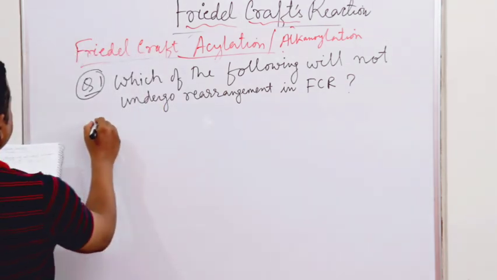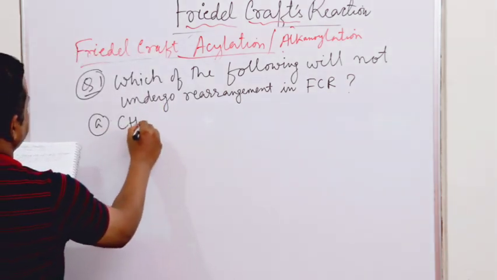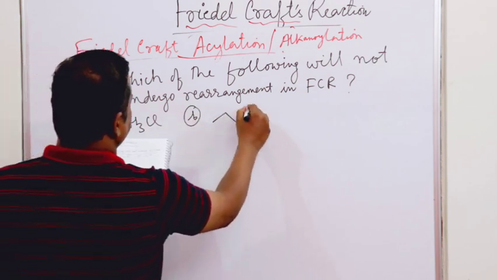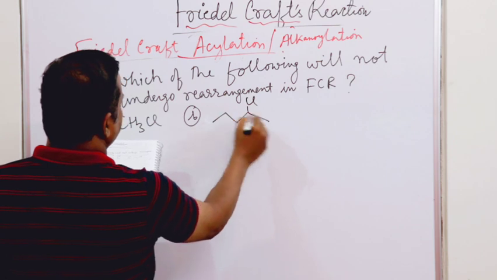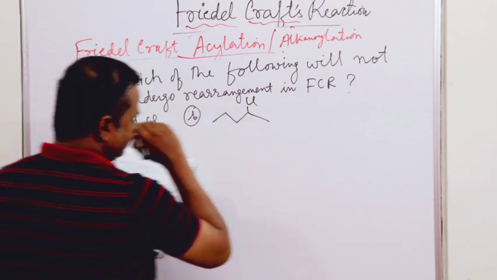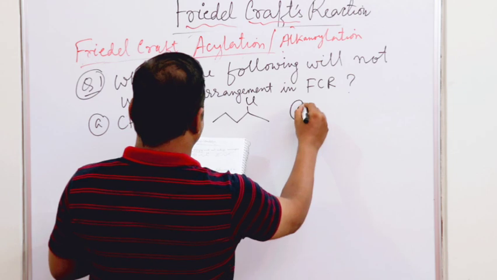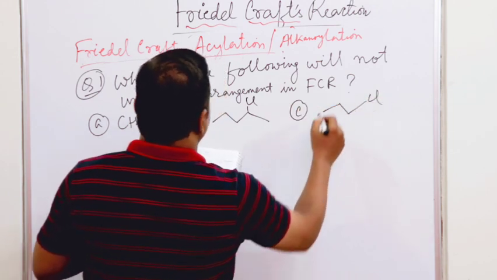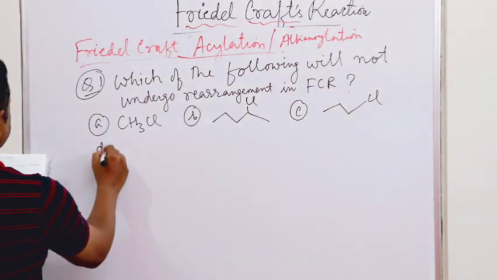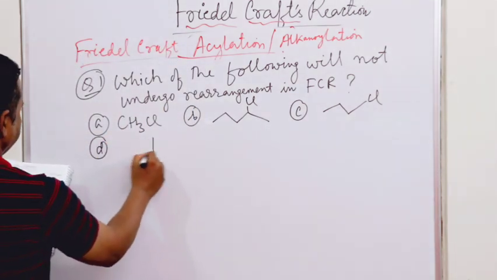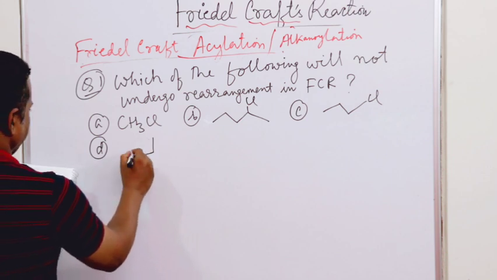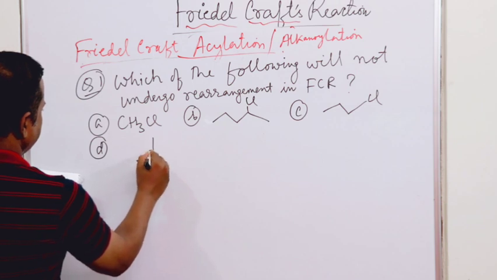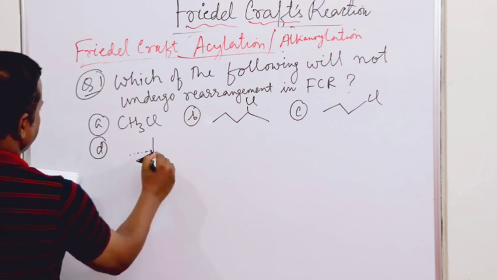The options are A, chloromethane; B, chloropentane; C, chlorobutane; and D, a product. You try to find out what could be the name of this product.